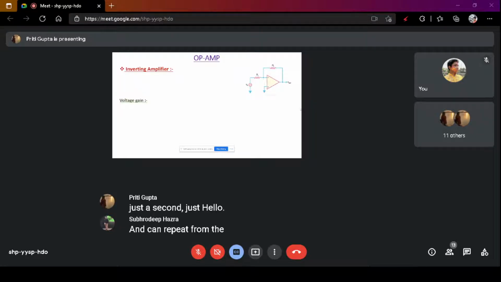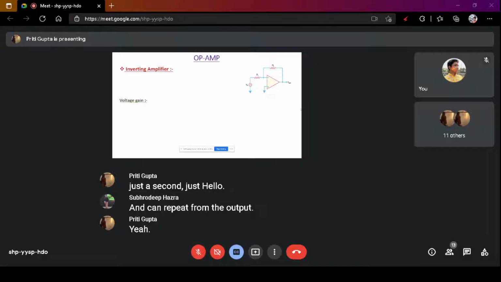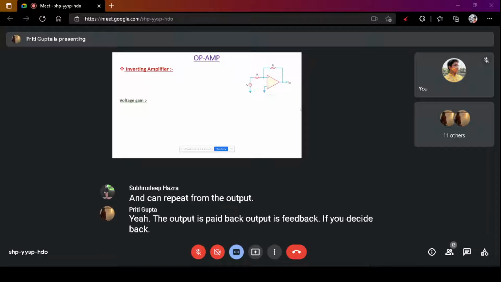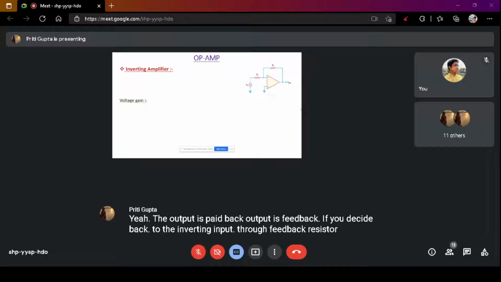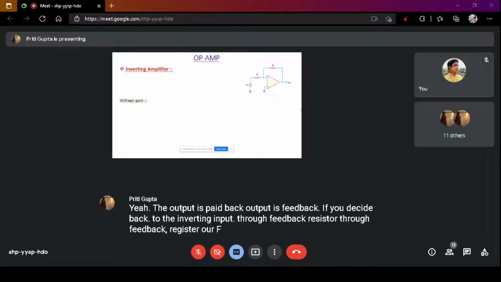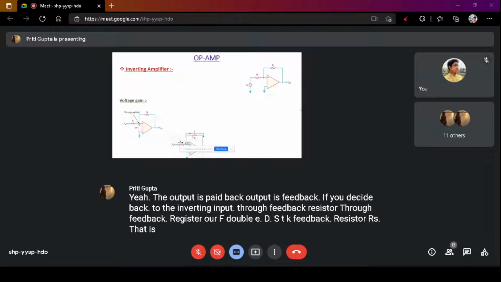Ma'am, can you repeat from the output? The output is fed back to the inverting input through the feedback resistor RF.